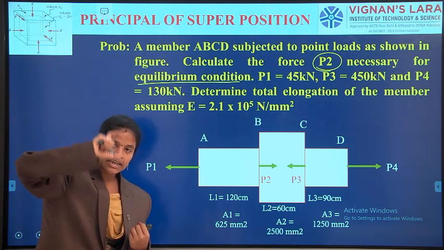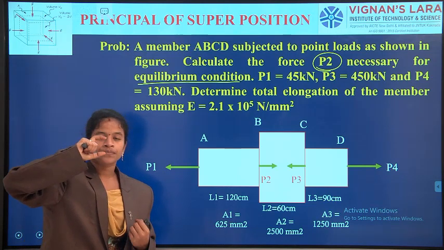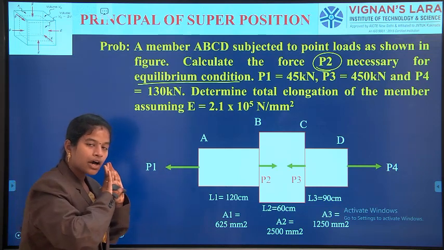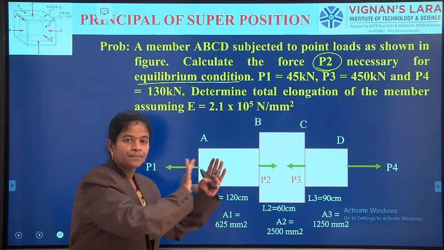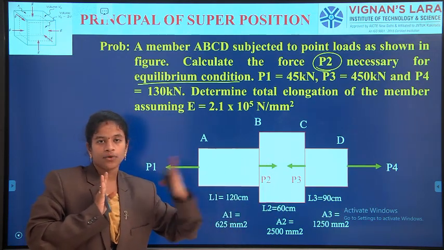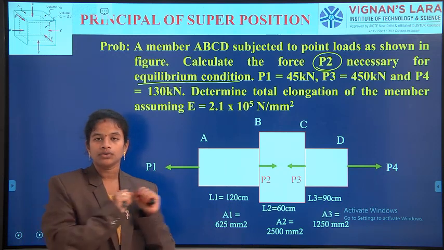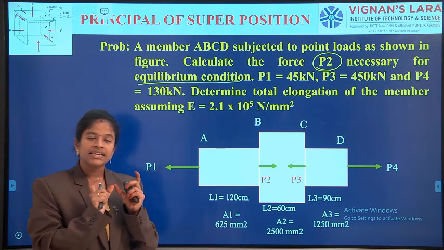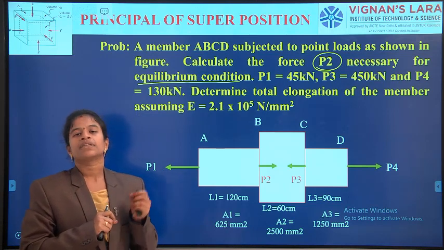So the body is in vertical equilibrium. If we are moving the body in the horizontal manner, but in resistance to that we are having some opposite force to stop the body from moving, then in that condition the body is in horizontal equilibrium.